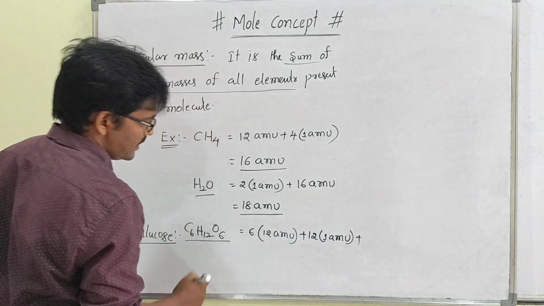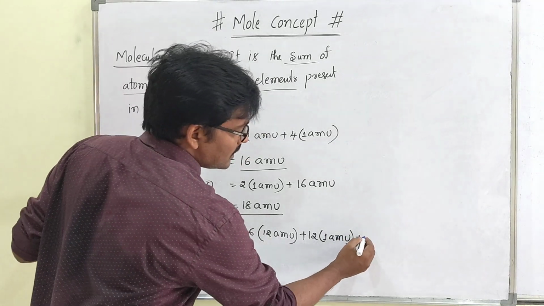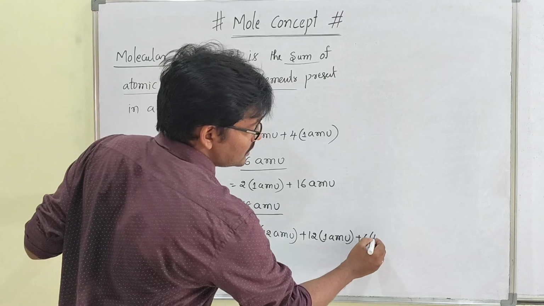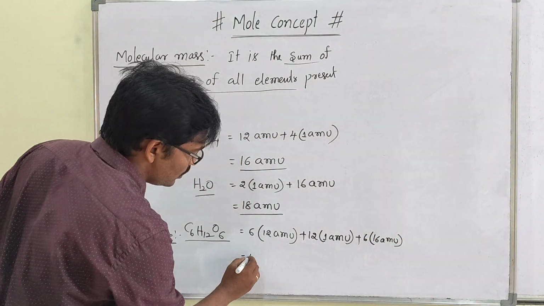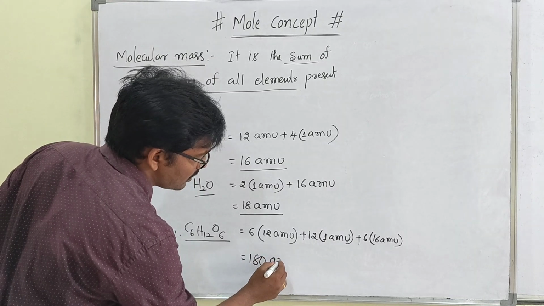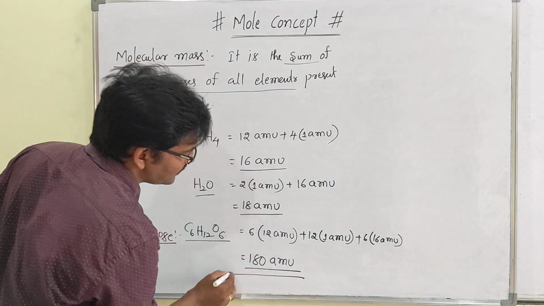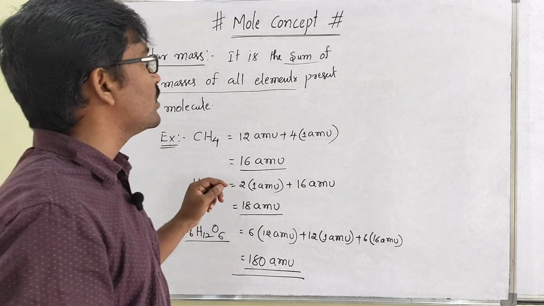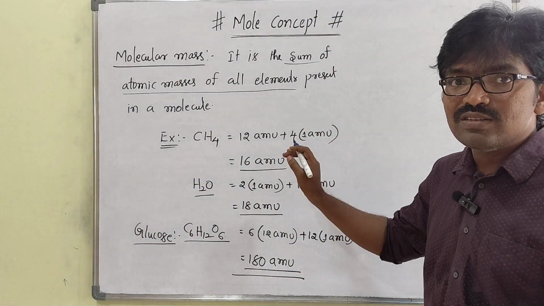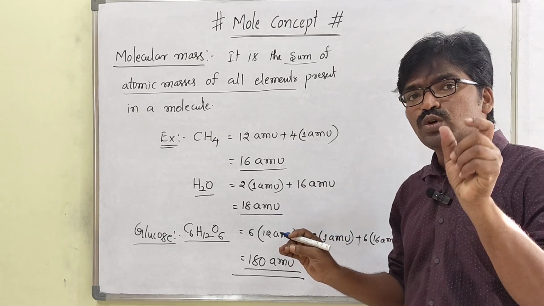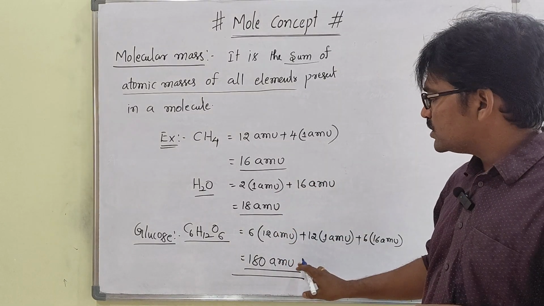Plus then oxygens, how many are there? 6 are there. Each oxygen 16 atomic mass units. Then totally you get 180 atomic mass units. So this is molecular mass. Molecular mass or atomic mass, both we represent in atomic mass units only.